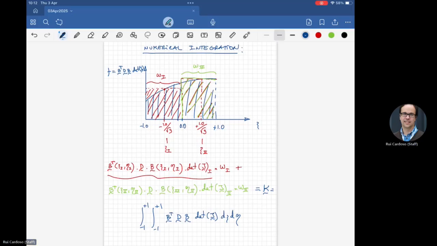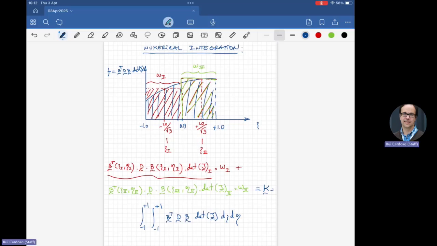Because you can have distorted elements, different lengths for each element. So this will always be different. So if you are doing the analytical, you will have to do the analytical integral of the function, which inside is always different for every element. While this numerical one, because it's done in the parametric domain, is always done in a perfect square, right?